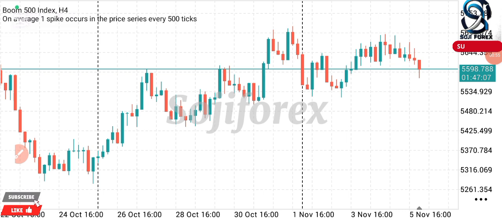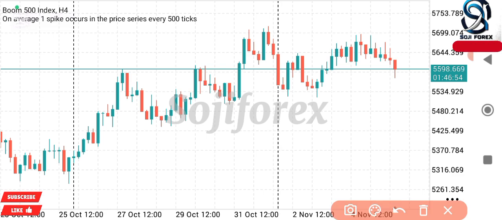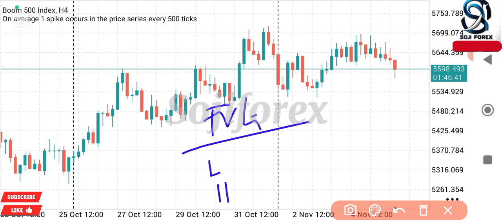So for a typical uptrend, if we must identify an area of fair value gap, in our previous video we said in a downtrend, to identify a fair value gap, we are going to consider the low of the candle before the candle we are considering and the high of the candle after the candle under consideration.